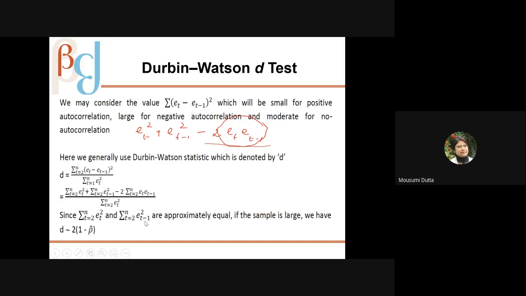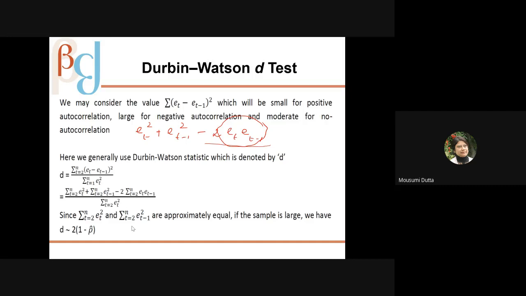If you consider one period less and find out the residual value, in the 7th or 8th decimal place, there will be some small change. So these are equivalent. These are approximately equal if the sample is large.